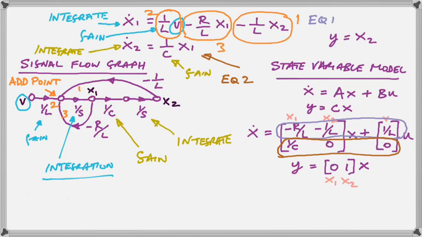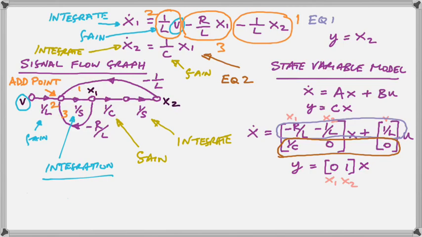So this is manifested in those two feedback loops, where x2 is feeding back to the add point through a branch labeled minus 1 over L, and x1 is feeding back to the add point through the branch marked minus R over L. So in fact, the branches represent the gains or multipliers or coefficients, if you will, of the various variables and terms in the expression.